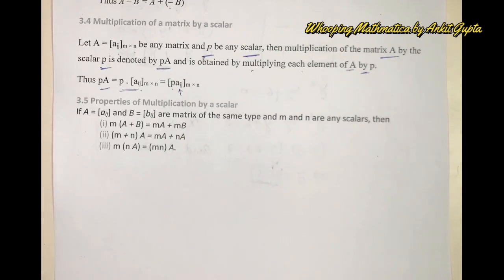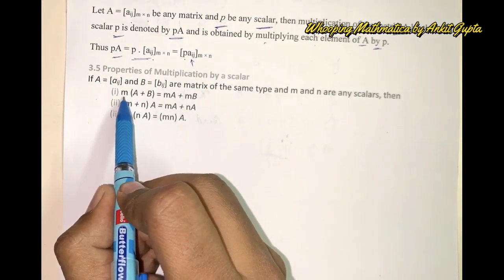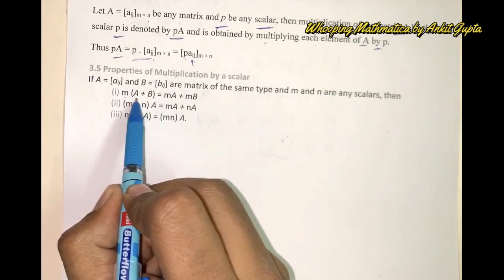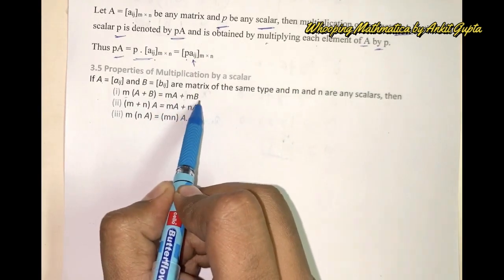After the concept of multiplication of a matrix by a scalar, we'll move on to the properties of multiplication of a matrix by a scalar. The first property that we can see here is, if a scalar m is multiplied by two matrices, that is A and B, then we are going to get mA plus mB.